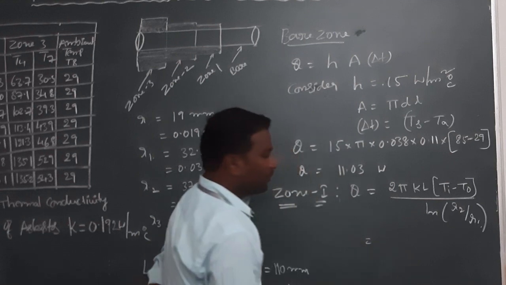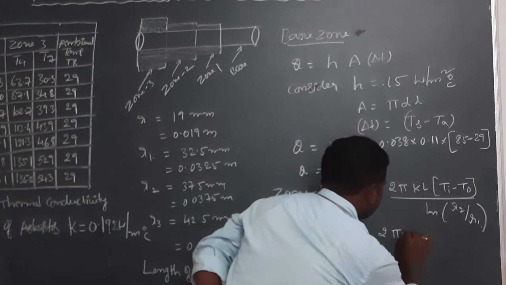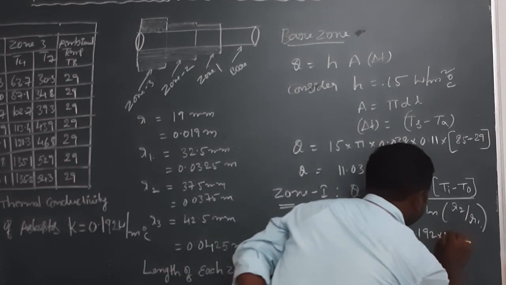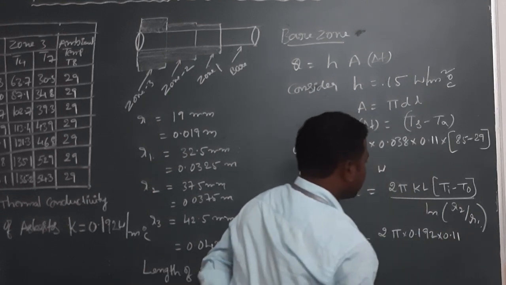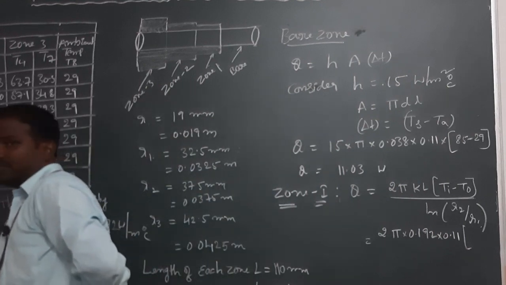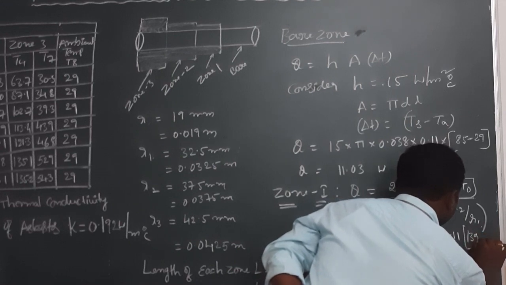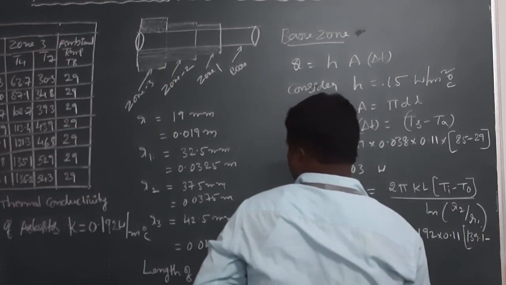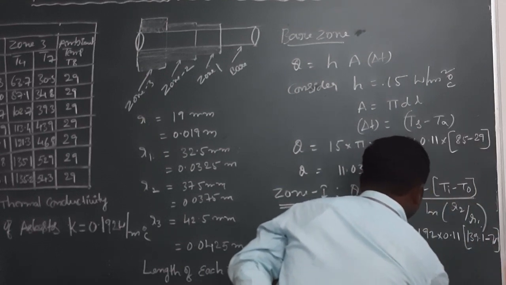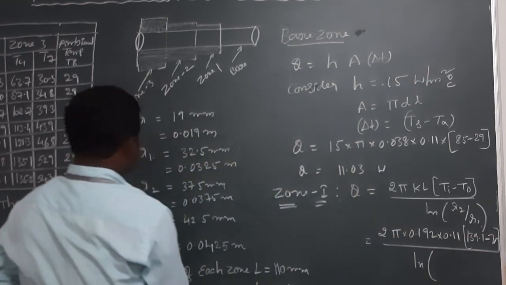So, substitute the values. 2 pi, 0.192 is the thermal conductivity k, L is 0.11, the length of the zone. These are the zone 1 temperature readings: 139.1 minus 70.1, divided by ln of R2 by R1.